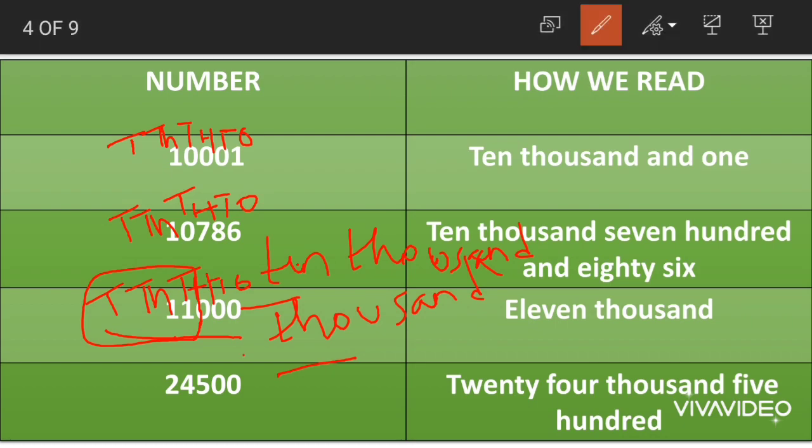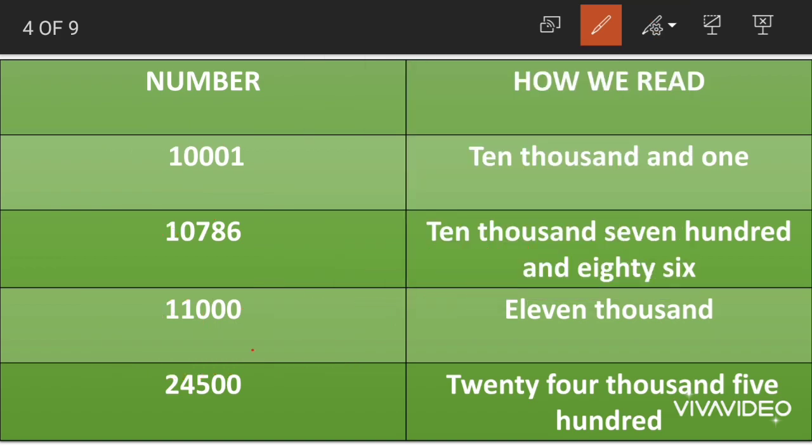24500. Again, let us write the place values: ones, tens, hundreds, thousands and 10,000s.